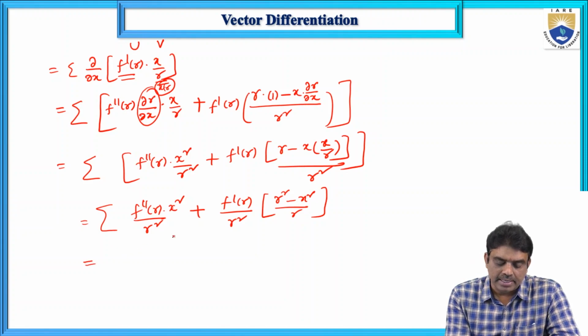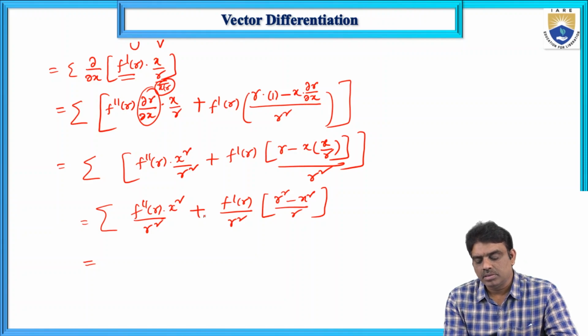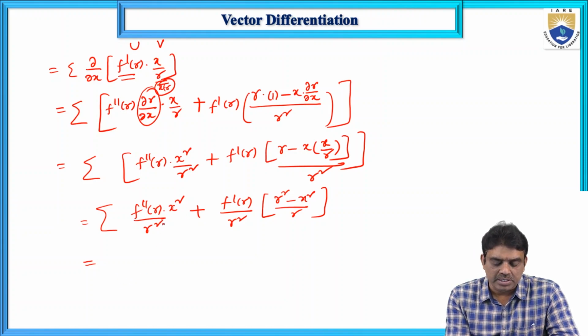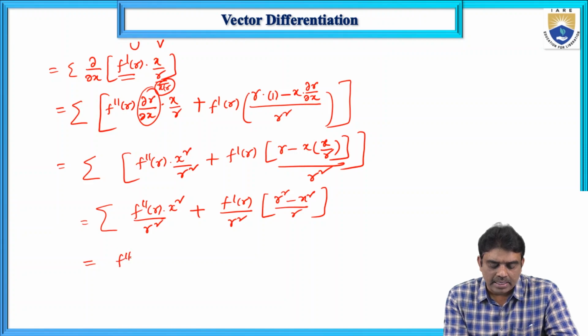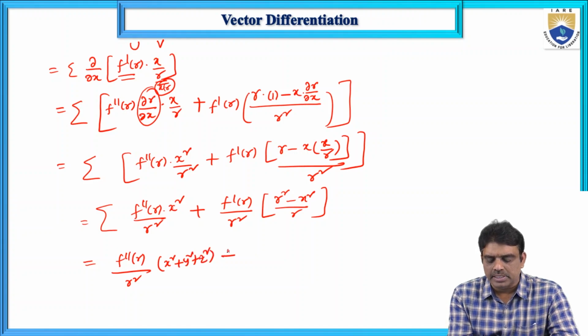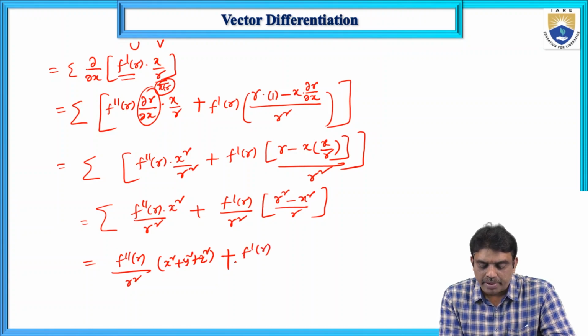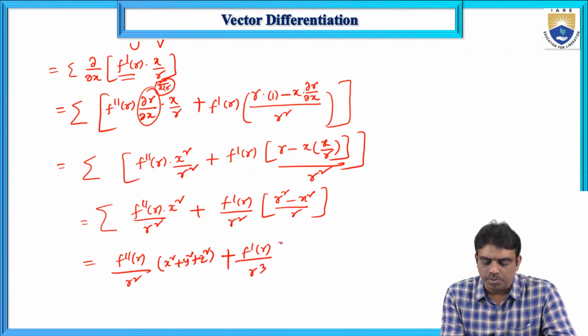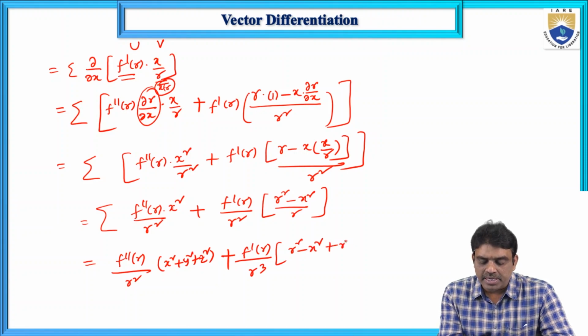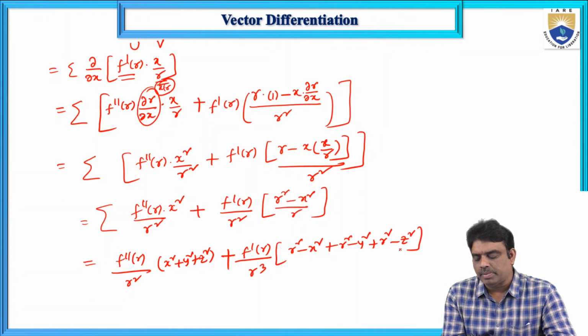So clearly on expanding this for summation, you will get f double dash of r by r square into x square plus y square plus z square. That is the first term. And second term f dash of r by r square into r cube. For x term it is r square minus x square, for y term r square minus y square, plus z term r square minus z square.